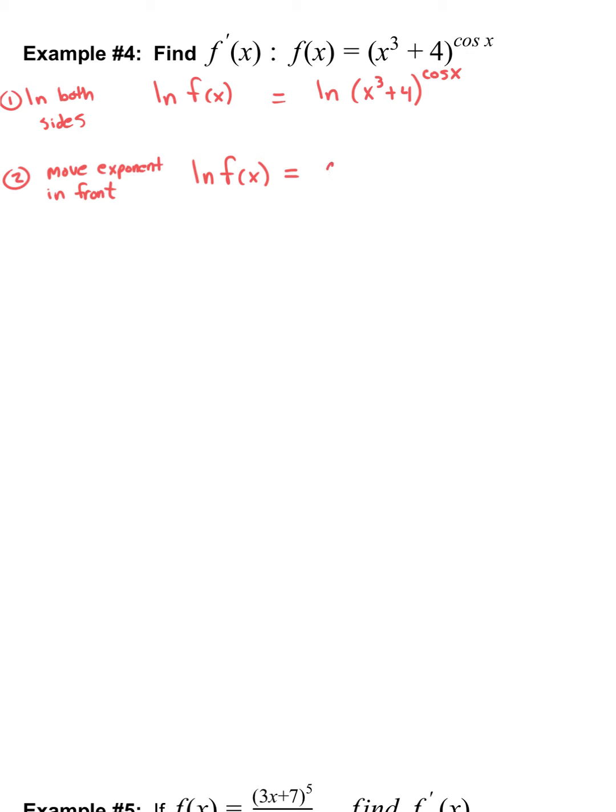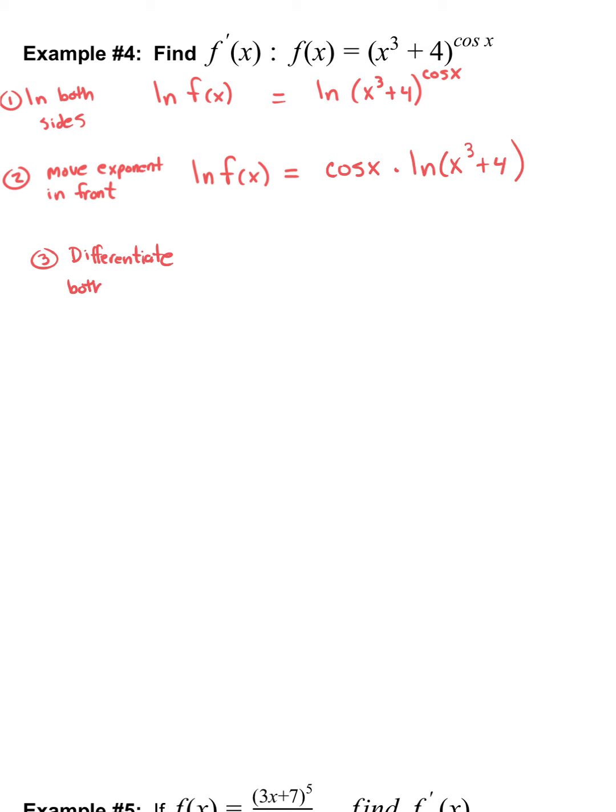So we have the cosine of x times ln of x cubed plus 4. Okay, so that's the second step. The third step is to differentiate both sides. Differentiate means take the derivative.